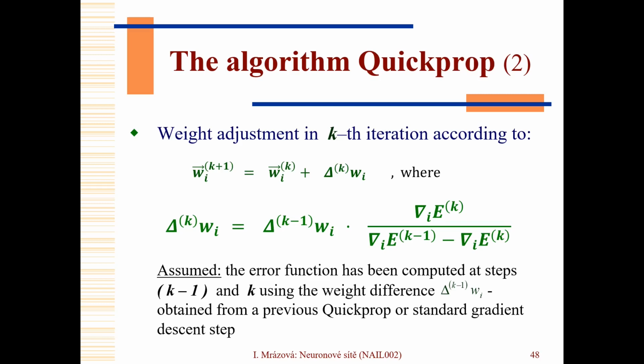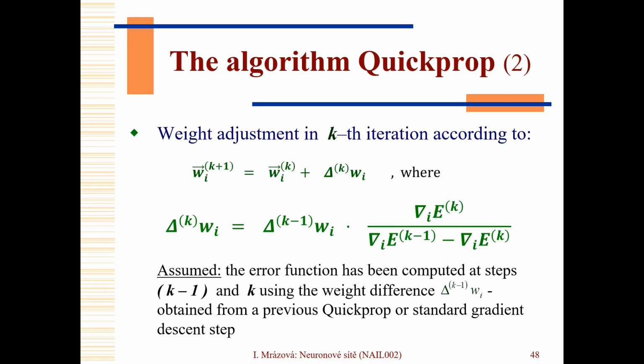At this point, it is important to note that this weight change occurs in accordance with the actual gradient ∇_i of the error function E at iteration k, and the change of the gradient, where the change of the gradient with respect to the change of the appropriate weights corresponds to an approximation of the second order derivatives.